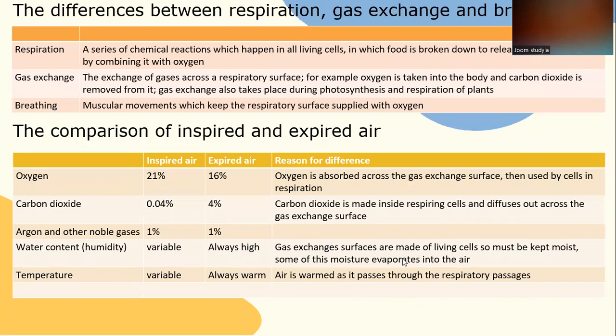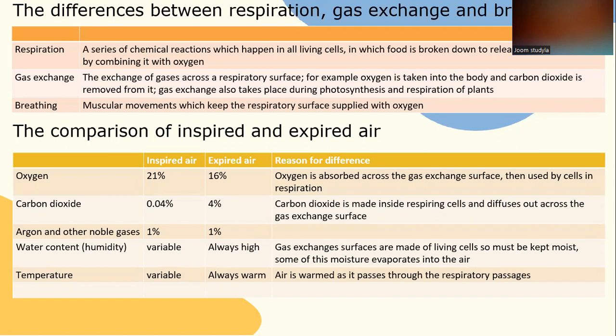This is the difference between respiration, gas exchange, and breathing. Respiration, what does it mean by respiration? Respiration is a series of chemical reactions which happen in all living cells, in which food is broken down to release energy, usually by combining it with oxygen.